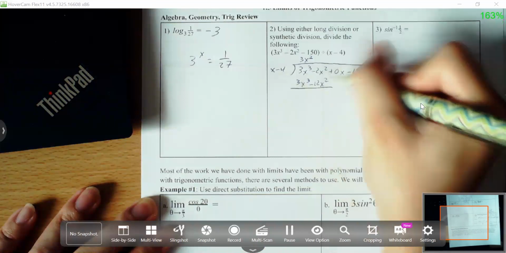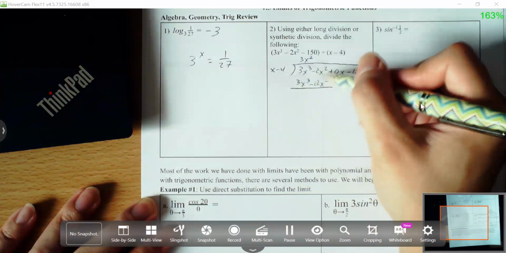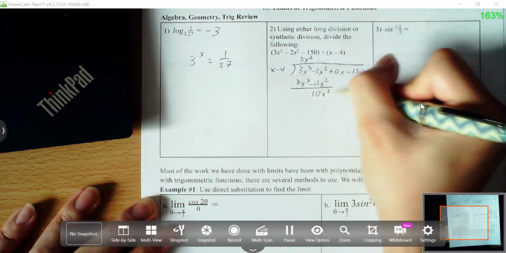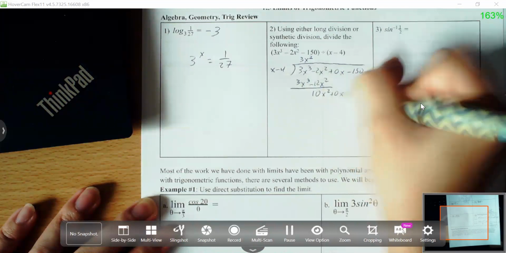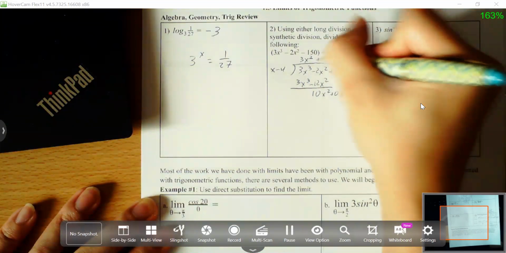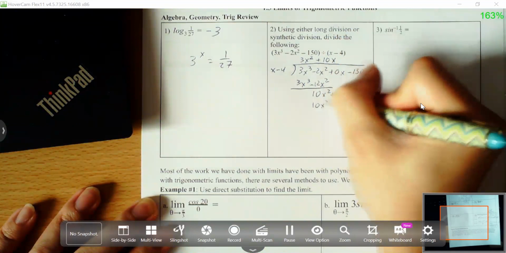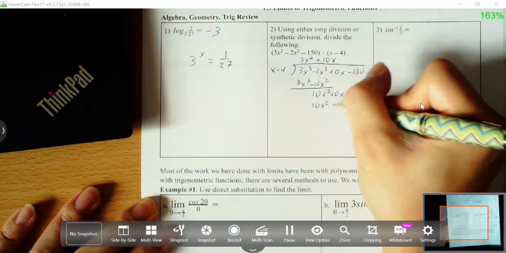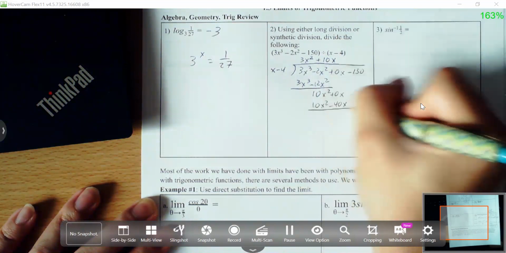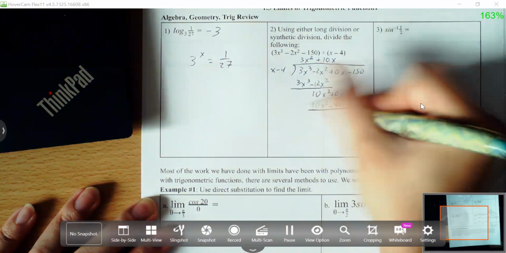If you subtract this, this becomes positive 12x squared. Then this becomes 10x squared. And then drop the 0x. X goes into 10x squared 10x times. 10x squared minus 40x. Hope I'm doing all of this right. This is minus, this is plus.